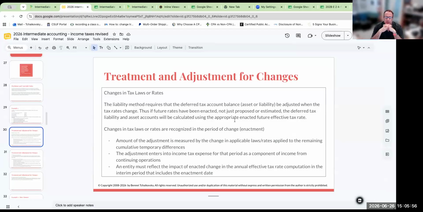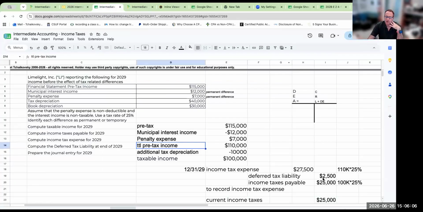So the liability method requires that the deferred tax asset or liability be adjusted when the tax rates change, right? For example, in the question we just did, this liability, meaning we're going to have to pay it in a future year, is now at a rate of 25%. But what happens if that rate changes?